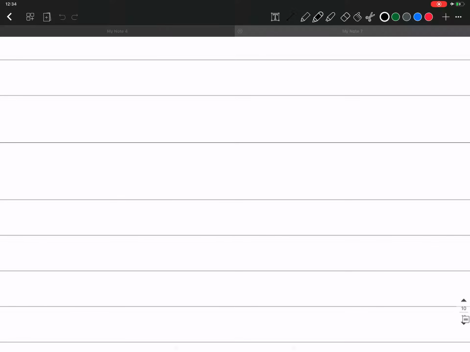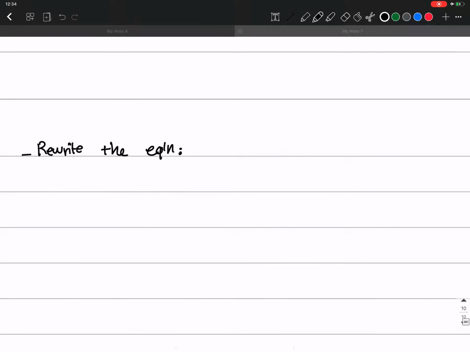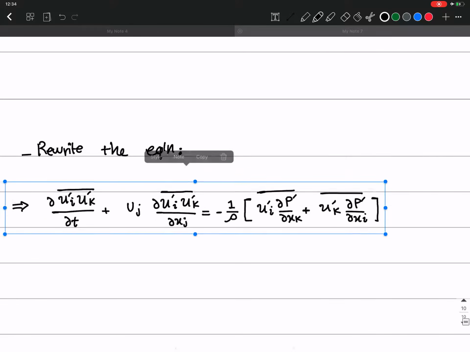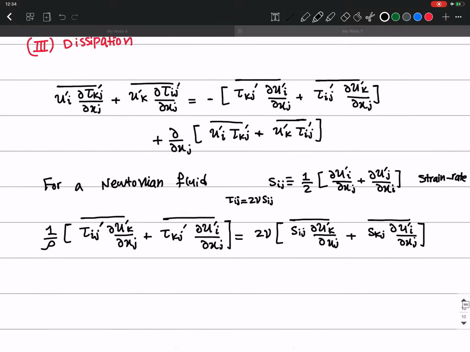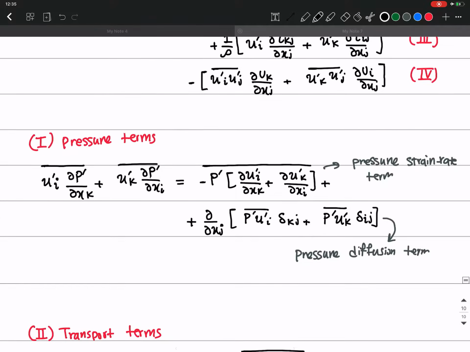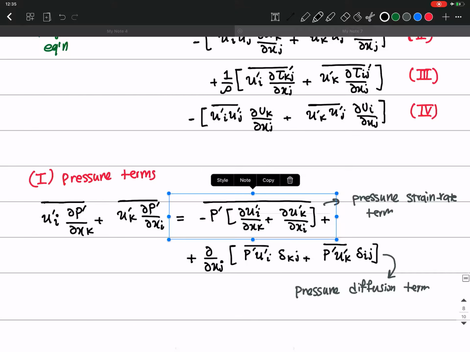So if we rewrite the equation, the first term remains as before, and then we have the new terms. First, I'm going to add the pressure term that we derived, right?